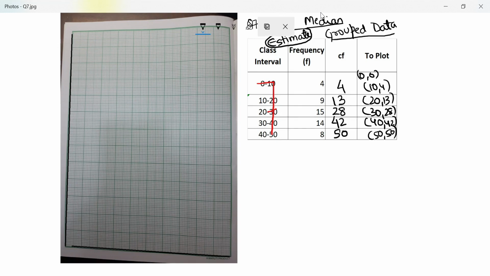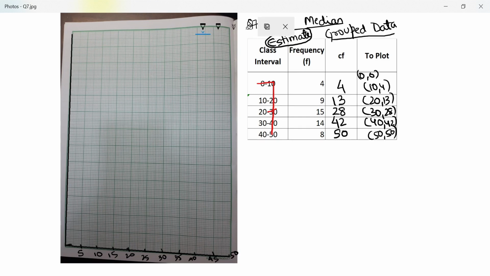I need to go on the x-axis up to 50, so I can take 5, 10. In an ogive, since it's an estimate, I would suggest that you make it as big as possible. So here I can go up to 5, that's 20, 25, 30, 35, 40, 45, and the last one is 50.